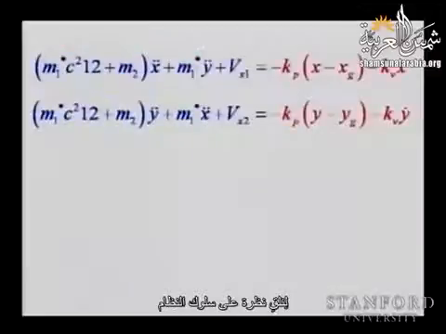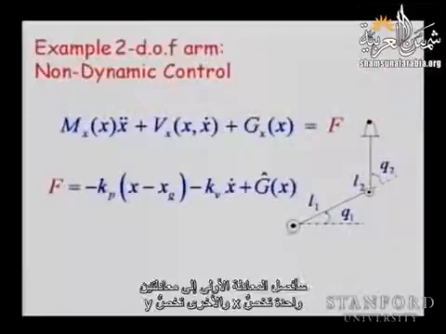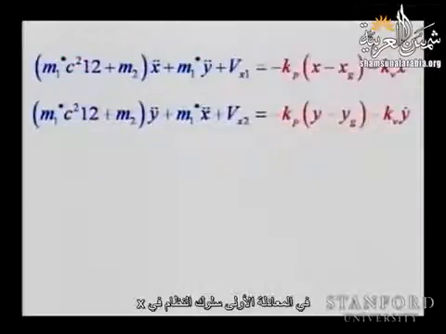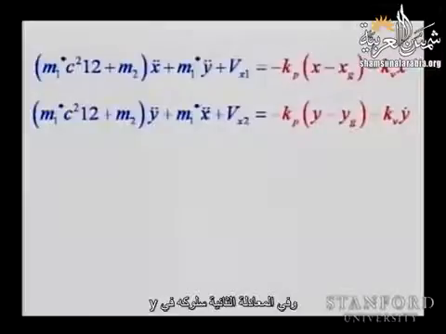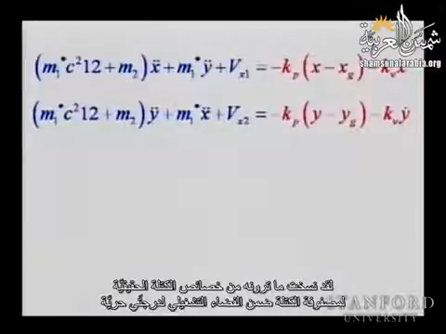Let's look at the behavior. I'm just splitting this first equation into 2 equations, X and Y. This is the behavior in X, and the second equation is the behavior in Y. I'm just copying this from the real mass properties of the mass matrix in operational space for the 2 degrees of freedom.